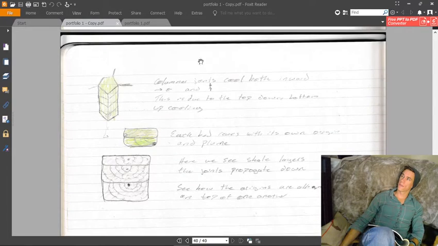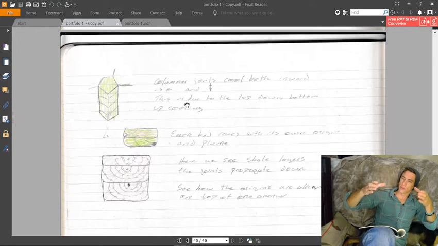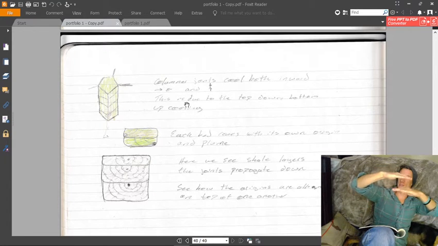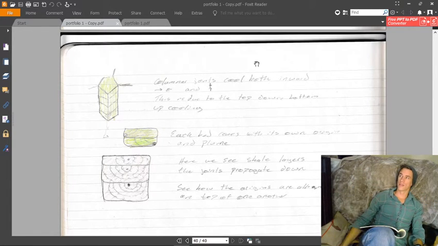Let's see. Oh, here's some more columnar jointing, which is as the basaltic lava cools, it doesn't just cool to make that shape, it also cools up and down, so it creates cake layers. When you see them, the columnar joints are pretty obvious, but sometimes, like when I went out in the field the other day, some were difficult to tell.